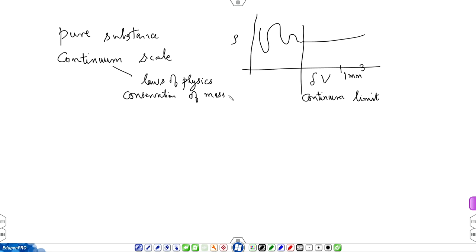Very quickly you will recall that such a principle cannot hold at the atomic level, but at the continuum level mass is conserved. Newton's laws of motion, the laws of thermodynamics.